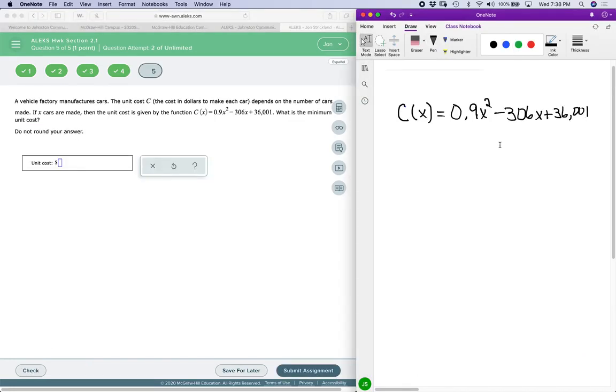For the fifth problem, we have a vehicle factory which manufactures cars. The unit cost depends on the number of cars made. We have a function C of x, where C is equal to the cost and x is in reference to the number of cars.